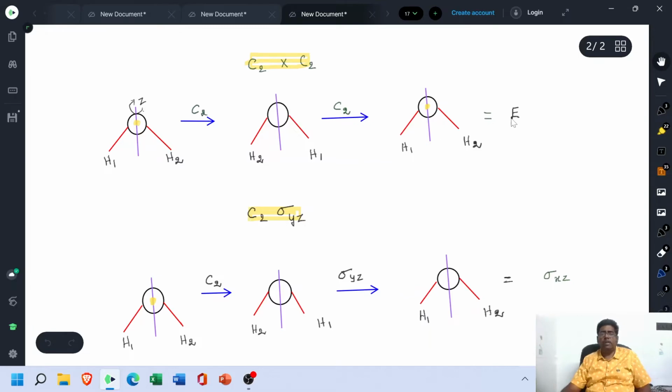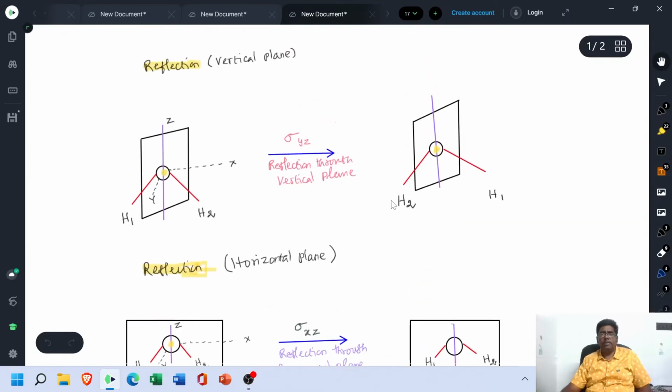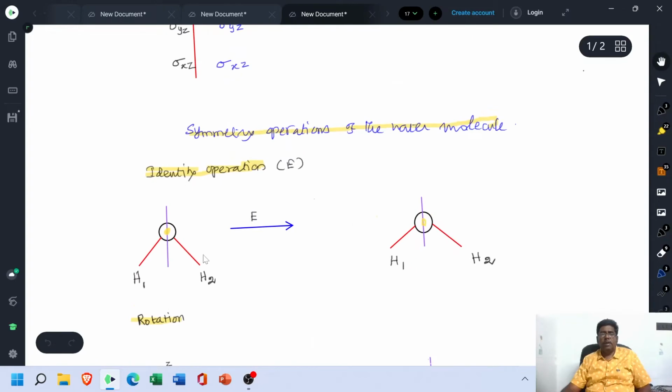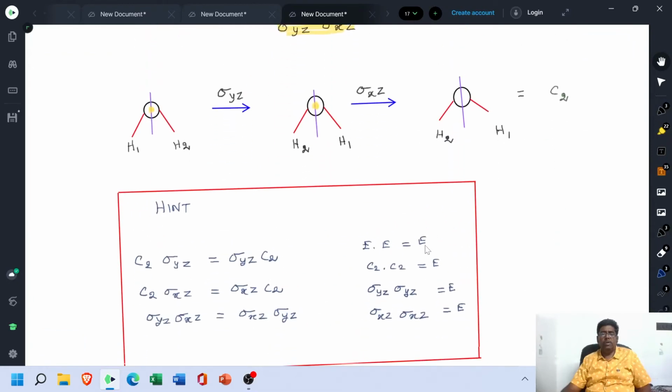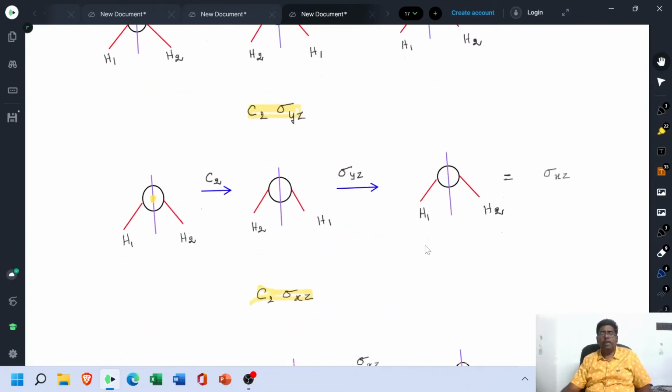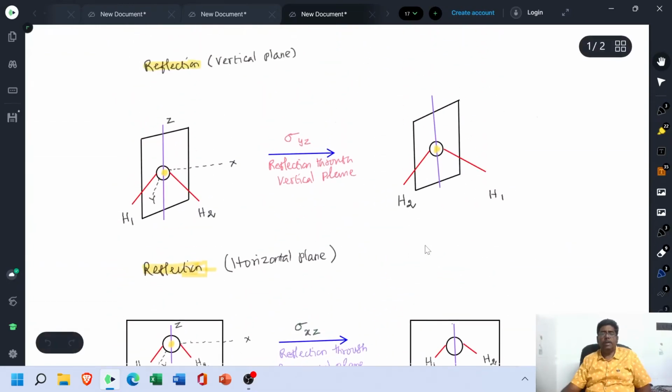This is equal to our identity operation. See, the identity operation provides the same structure, that is, the phase of the oxygen is also unchanged. See, in the C2 into C2 operation, we have obtained the identity element.